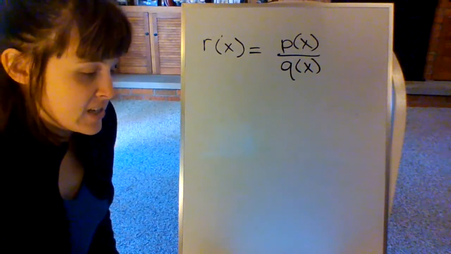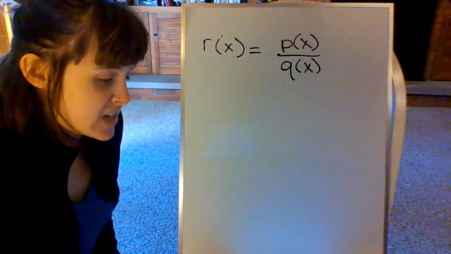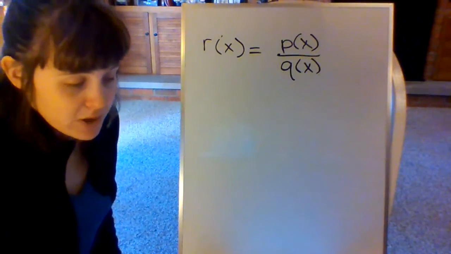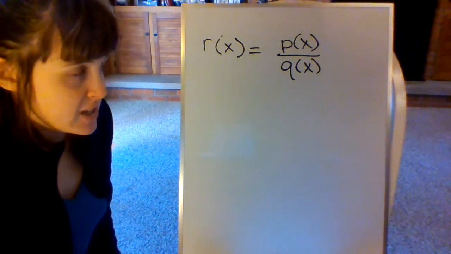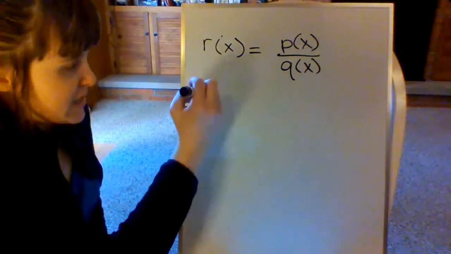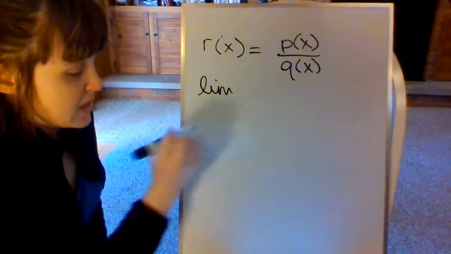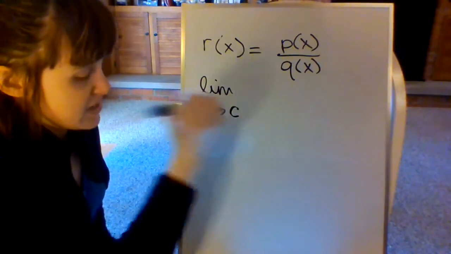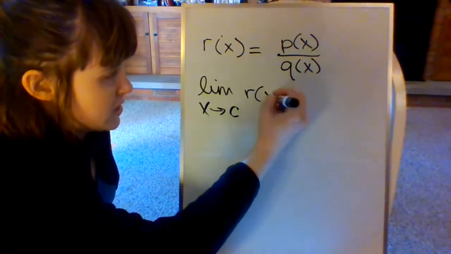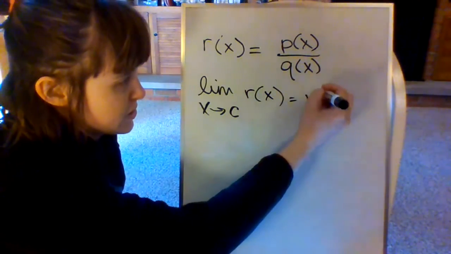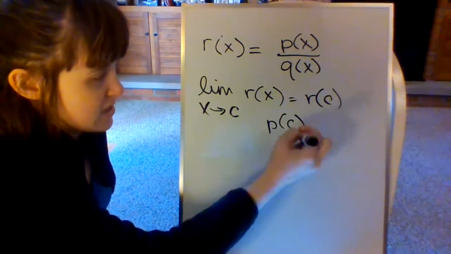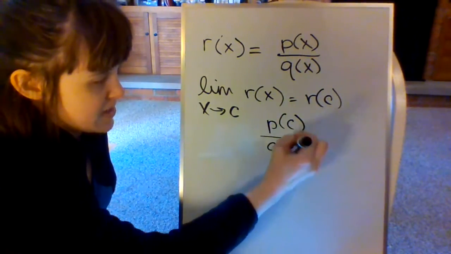And c is a real number, such that the bottom part of the fraction does not equal 0 when we plug in for x. Then we can say that the limit as x approaches c of r(x) equals r(c), and that equals p(c) over q(c).